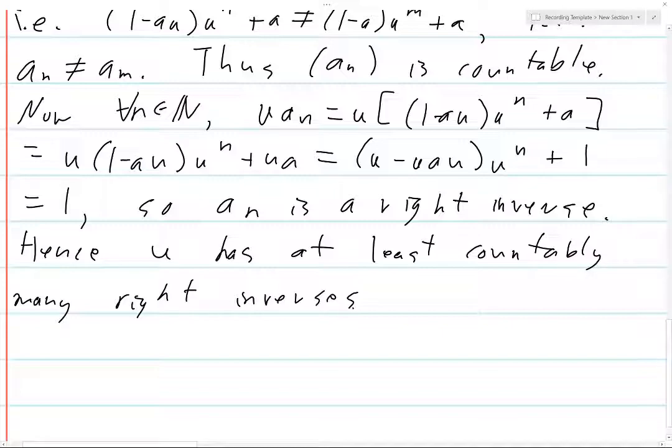And so that's a little bit of a weird proof, because how would you have come up with that element in the first place? The thing I was thinking beforehand was, we suppose that it has multiple right inverses and prove that it has countably many.